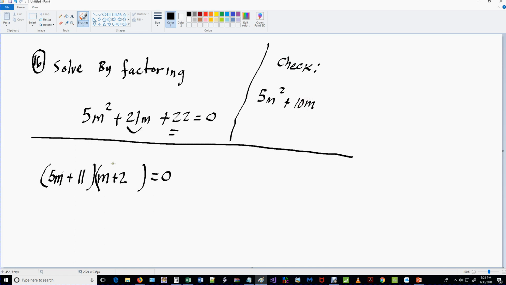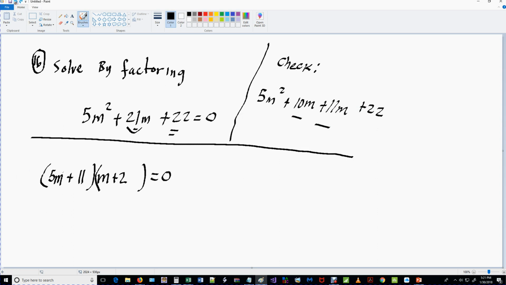The inner gives you 11m, so you will have plus 11m. And then the last term, 11 times 2, that'll be 22. Now if you combine the 10m and 11m, you actually get 21m. Alright, so this is correct. This factoring right here is correct.